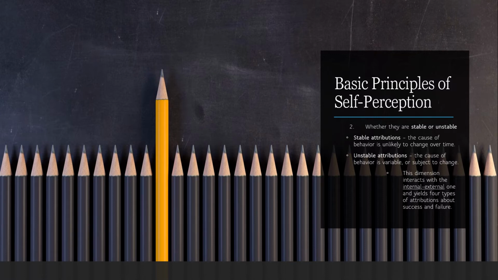You might be somewhat motivated, but you're probably not going to be as motivated as you would be if you thought of those outcomes in your life, your test grades, for example, as due to unstable factors, things outside of that fixed realm, things that are variable and subject to change.